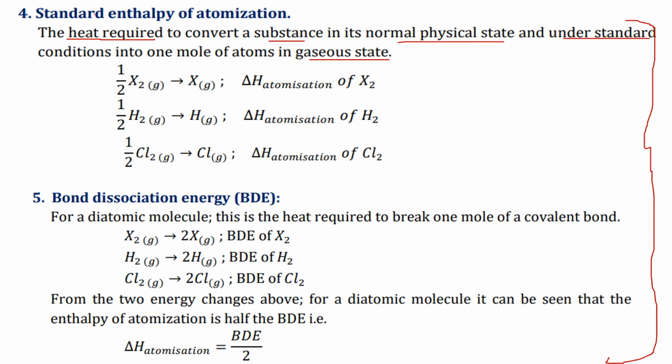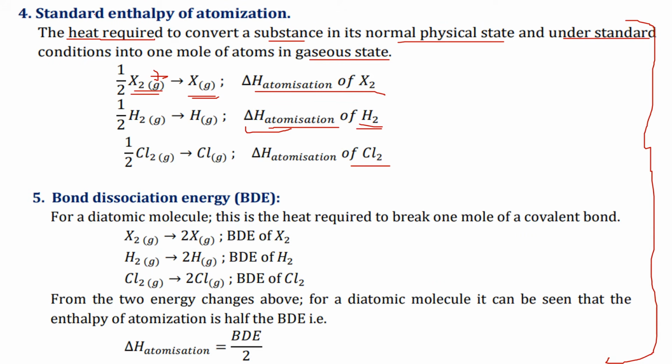So the energy required to convert any substance or any standard element that is present in its normal state into its constituent gaseous atoms is called enthalpy of atomization and is denoted by delta H with a subscript of atomization of the specific element that you are dealing with.